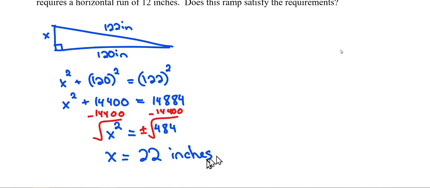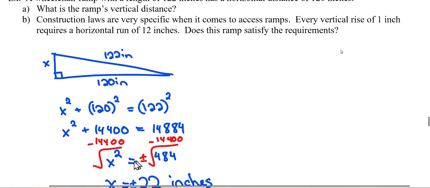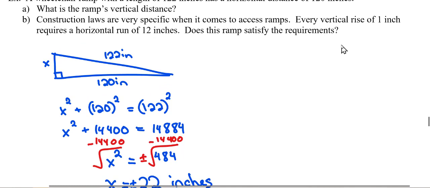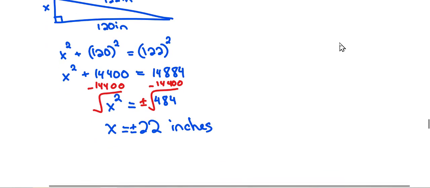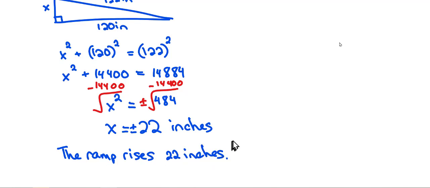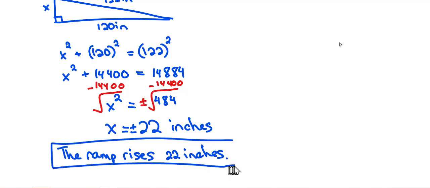So I want to make sure I answer the question and that my answer makes sense. One thing I didn't put here: technically I got a plus or minus there. Since I'm talking about a distance, the length of the rise of this ramp, I'm just going to use the positive. So the ramp rises 22 inches.